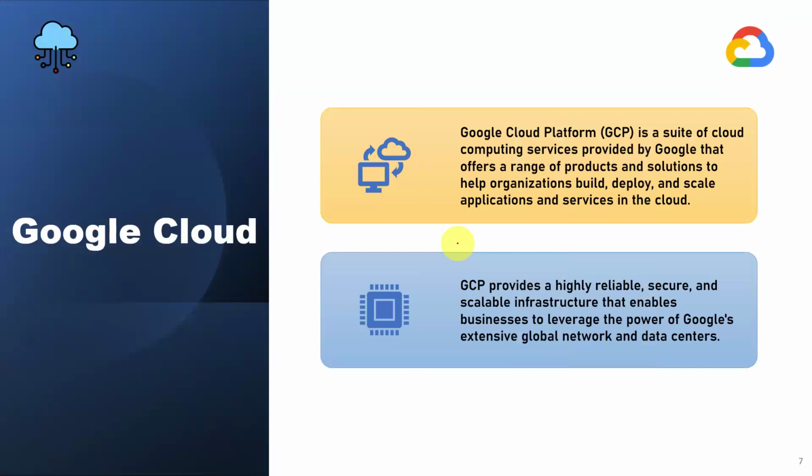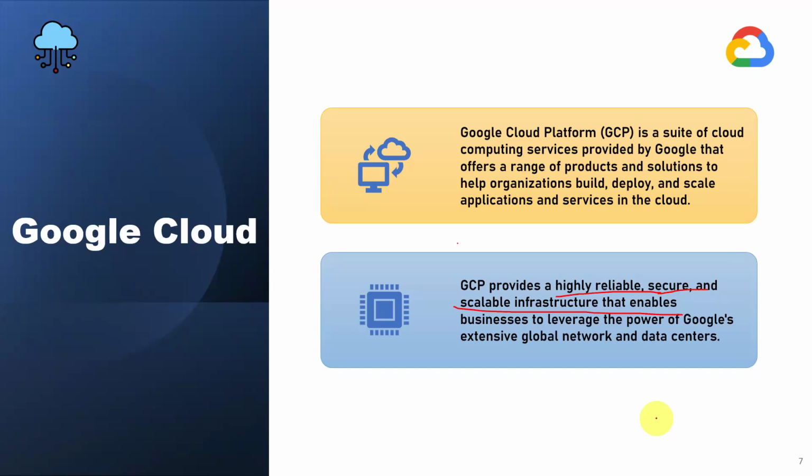Google Cloud Platform is a suite of cloud computing services provided by Google that offers a range of products and solutions to help organizations build, deploy, and scale applications and services in the cloud. These services are highly reliable, highly secure, and scalable infrastructure, with a network and data centers throughout the world.